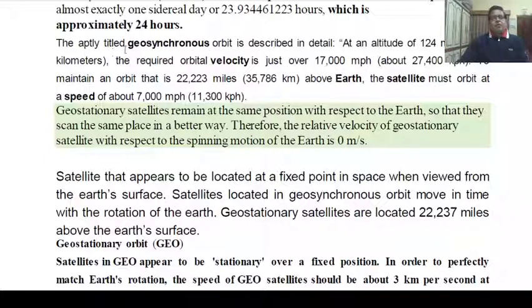The tilted geosynchronous orbit is described at an altitude of 200 kilometers. The required orbital velocity is just over 27,400 km per hour. To maintain an orbit that is 35,786 km above Earth, the satellite must orbit at a speed of about 11,300 km per hour.